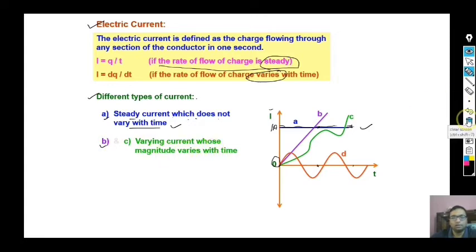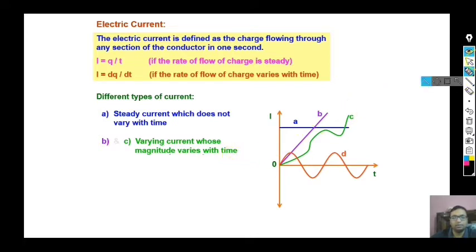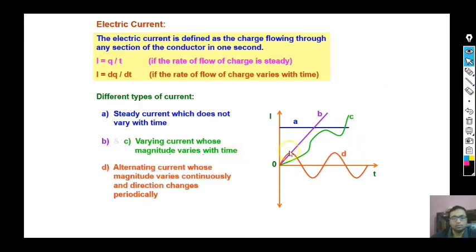Second is variable current. Now understand, a current whose magnitude varies with time is called varying current or variable current. This gray color you can understand. With the passage of time your current is varying, and this B is also showing that your current is variable with time.